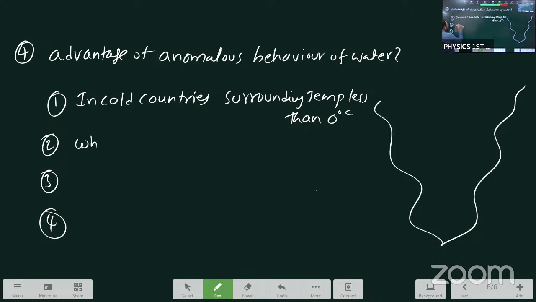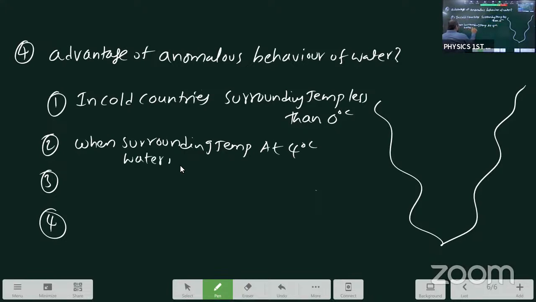Next, when the surrounding temperature is at 4, water reaches maximum density and sinks to the bottom. See, first, in cold countries, temperature decreases below 0.